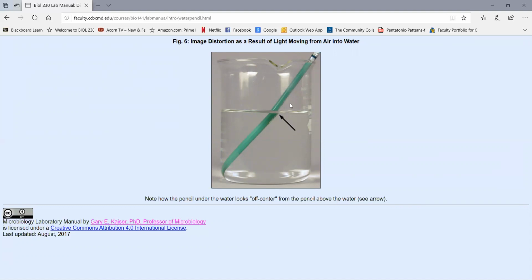So notice when you look at the pencil, it just doesn't look right here. That's distortion, because here we have light going from glass hitting air. Here we have light going from glass hitting water, and water has a different refractive index from glass, which causes a distortion from what you would see in air.